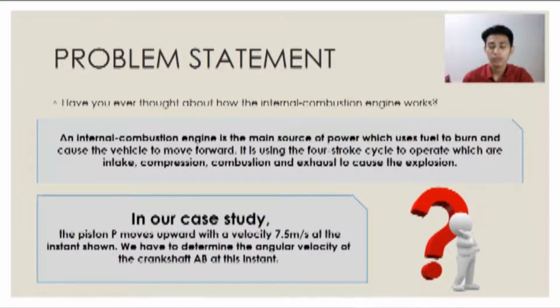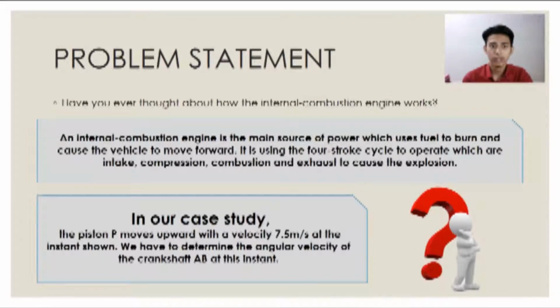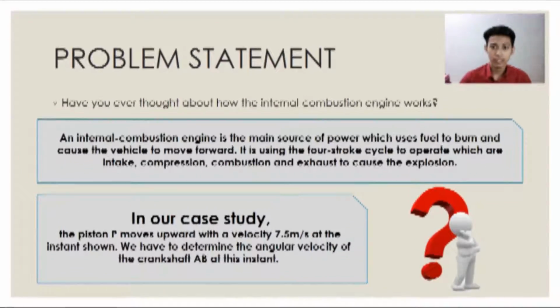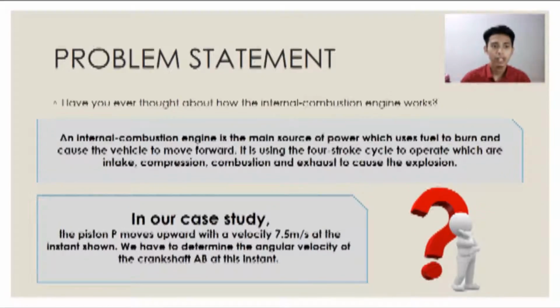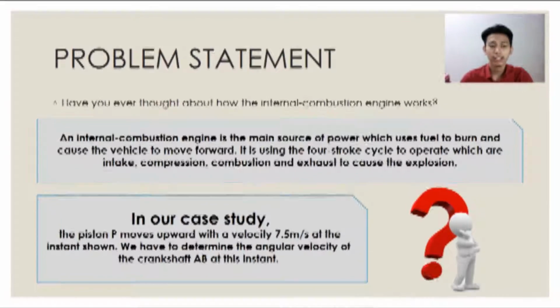When the explosion occurs, it causes the piston to move downward during the power stroke and then turn the crankshaft. For our case study, the piston P moves upward with velocity 7.5 at the instant shown. So we have to determine the angular velocity of the crankshaft AB at the instant.